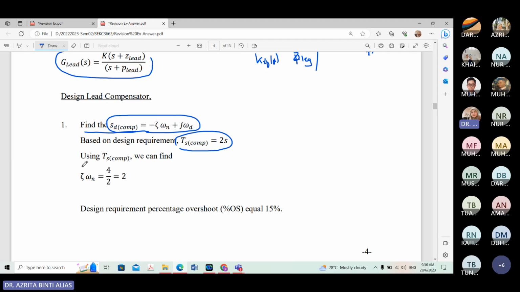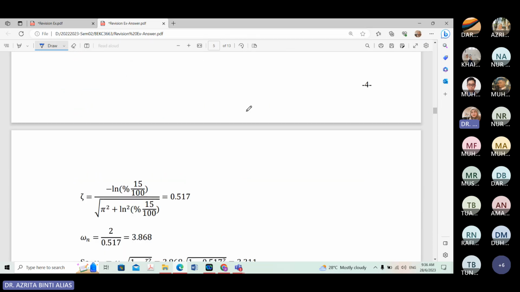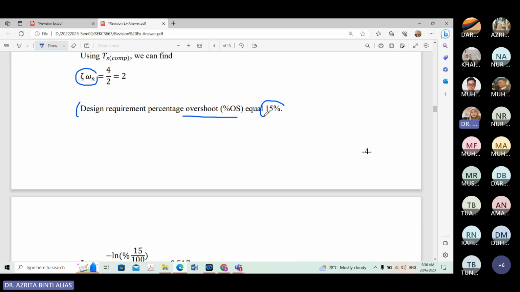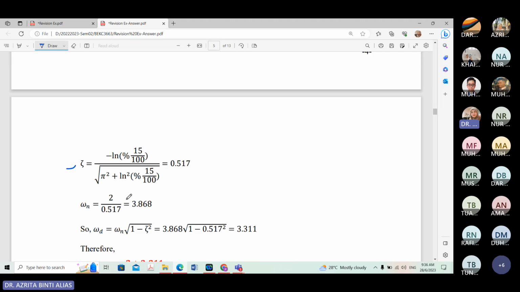So using the formula of the TS, we can obtain the value of zeta omega n. Also given is the percentage of overshoot. From the percentage of overshoot, we can determine the value of the damping ratio using the formula. This formula is given, so no need to memorize.